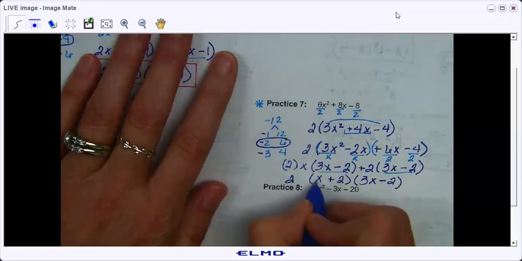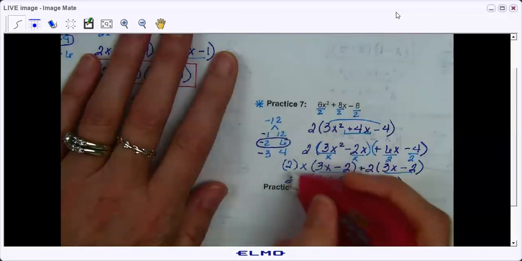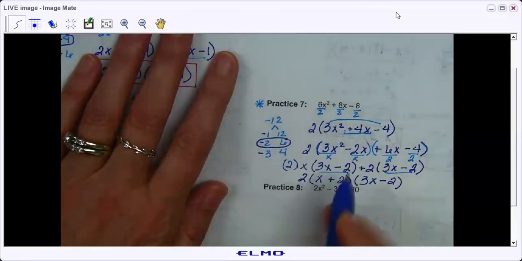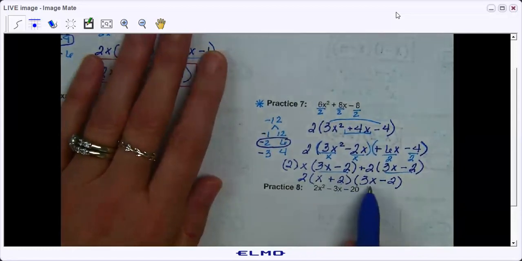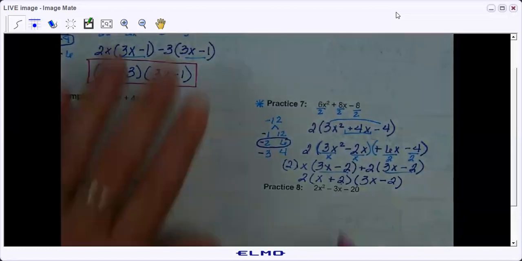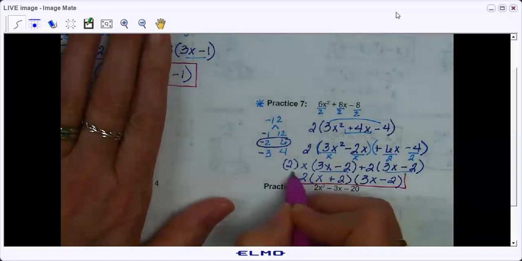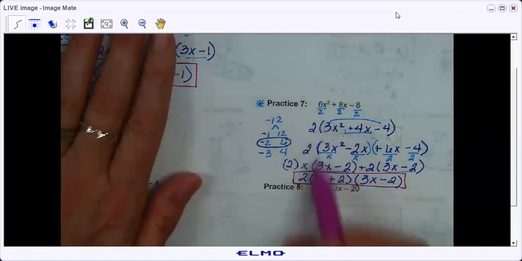No, I did that right. I apologize. So 2 times x plus 2 times 3x minus 2. That one was a little bit tricky just because of that additional step.